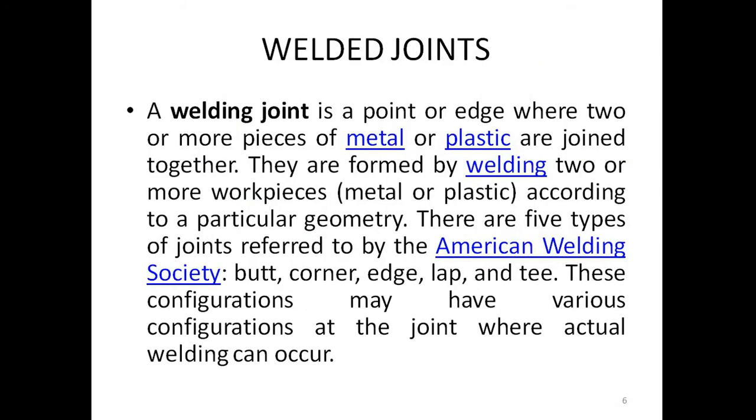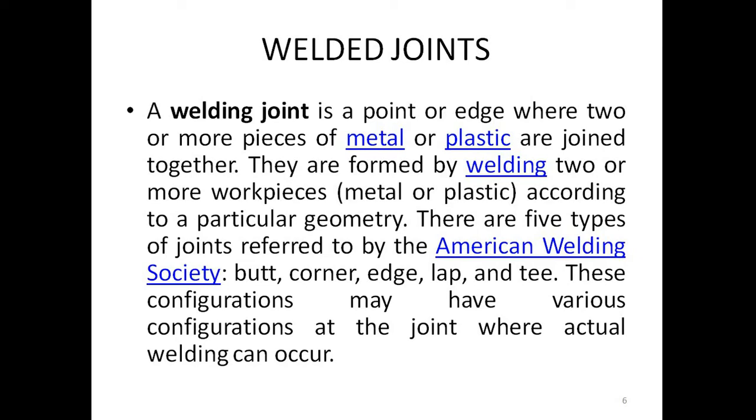Then apart from riveting, the next joint is welded joint. A welding joint is a point or edge where two or more pieces of metal or plastic are joined together. They are formed by welding two or more workpieces, it may be metal or plastic, according to the particular geometry.